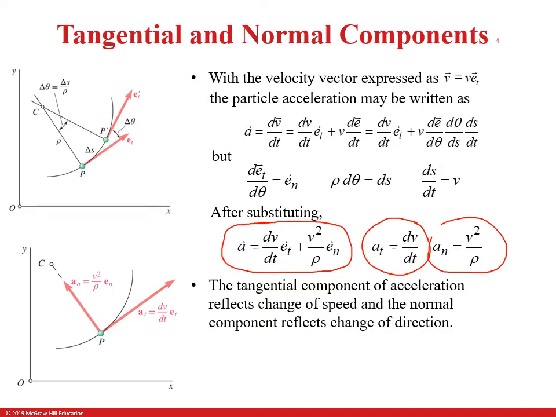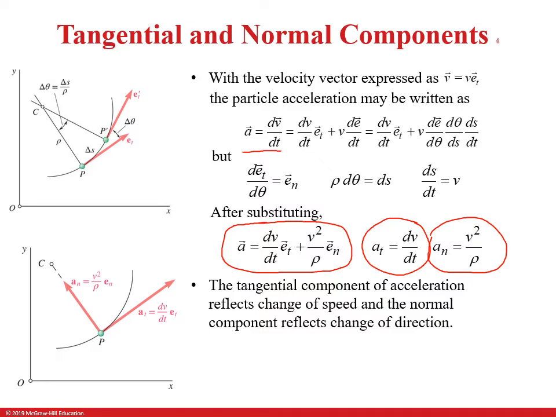We're going to have a problem where we'll solve for the acceleration of some system in the tangent and normal directions. But to quickly go through the derivation of how we get that: a equals, this is day one of dynamics, acceleration is the derivative of velocity.